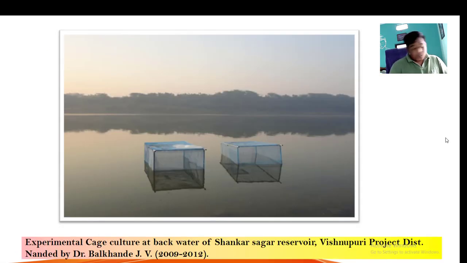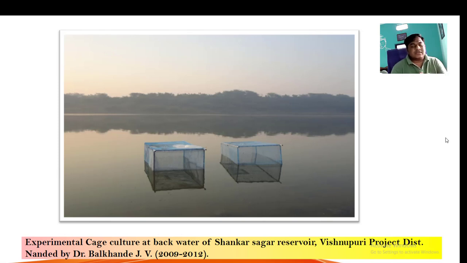Okay, so today we have discussed pen culture and cage culture. This is a photograph of cage culture which I have done myself. This is the experimental cage culture at the backwater of Shankar Sagar Reservoir, Vishnupuri project, Nanded, in 2009 to 2012. In those 3 years I completed the work on cage culture.